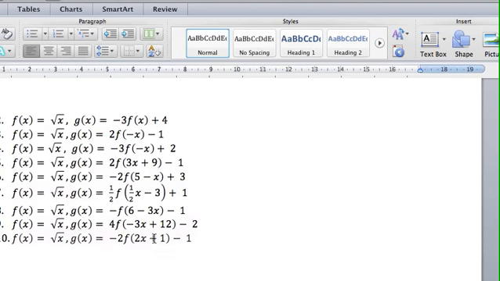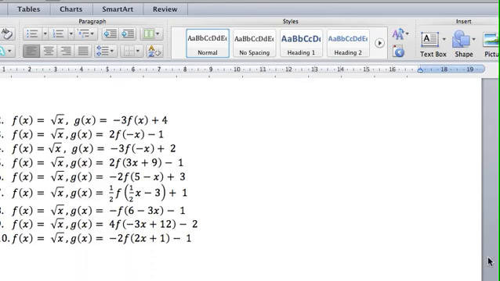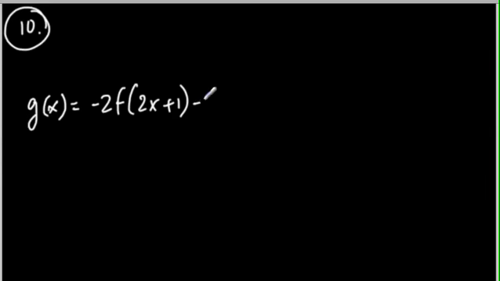All right, and number 10, the last one for this section at least, is -2 f of 2x plus 1 minus 1.